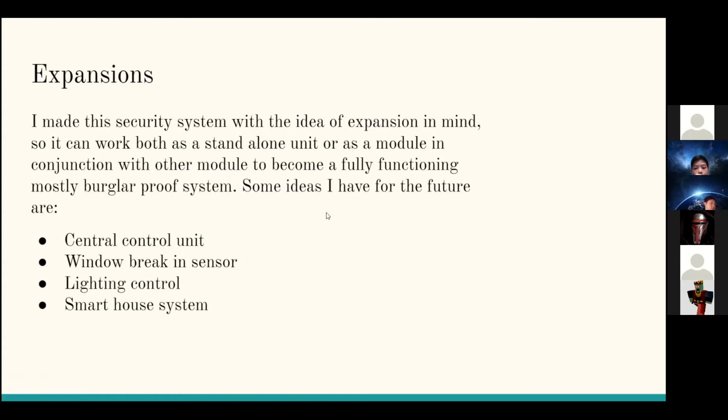Some ideas of other sensors and modules would be lighting control, door control, window breaking sensors, and maybe security cameras with AI working in them that could basically know if there's a burglar.